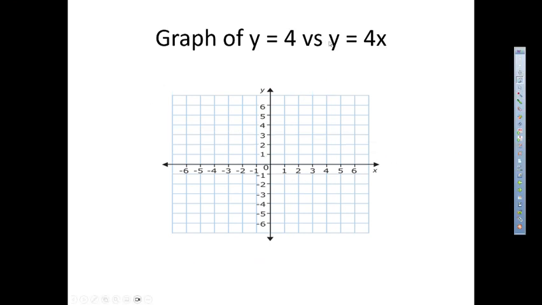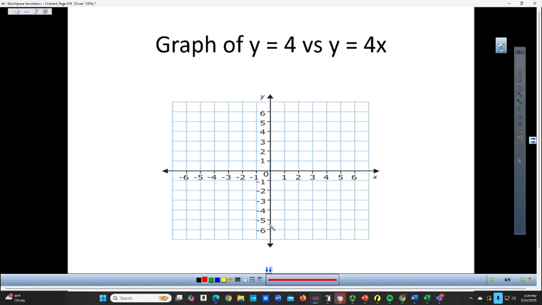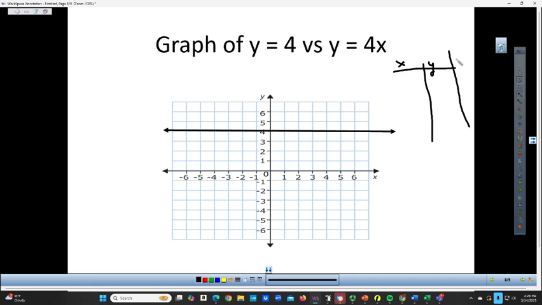All right, so let's look at the difference between y equals 4 and y equals 4x. y equals 4, what we just graphed, is going to go through 4 on my y-axis. And now y equals 4x. If I create my table with my ordered pairs, if I give x the value -1, I'm going to get -4 for y, -1 and -4 for my ordered pair.